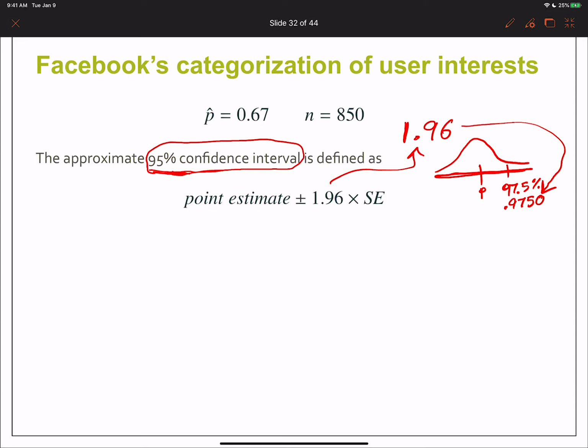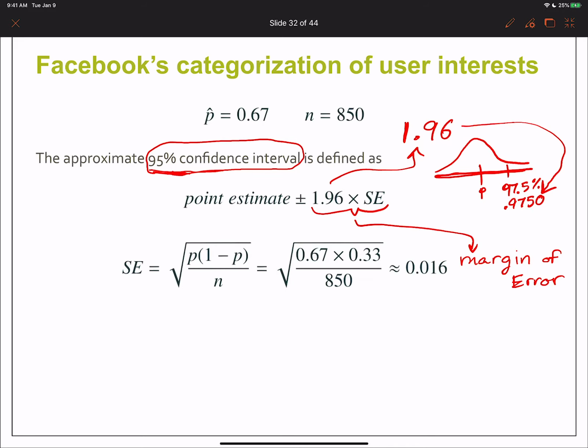So basically, what we do to get our margin of error is we do the 1.96 times our standard error of the mean. What's the 1.96 again? It comes from the z-score for that 95% confidence interval. So the margin of error is the z-score times the standard error.